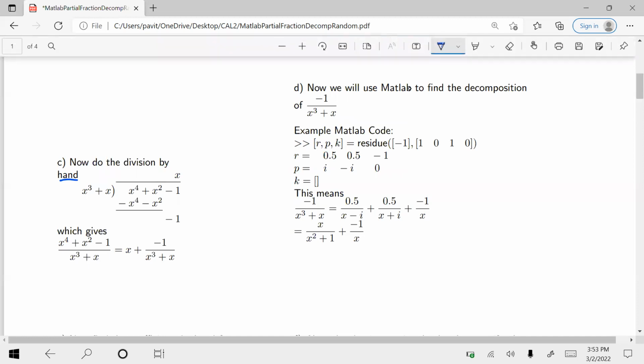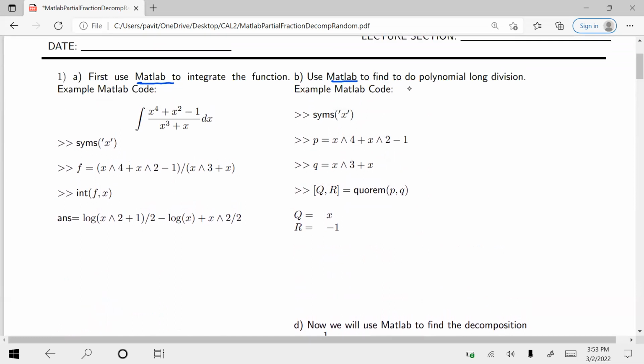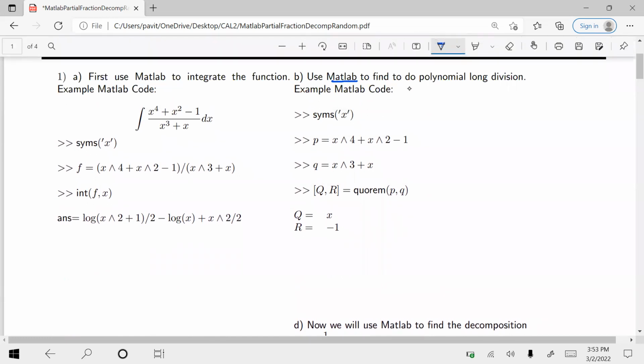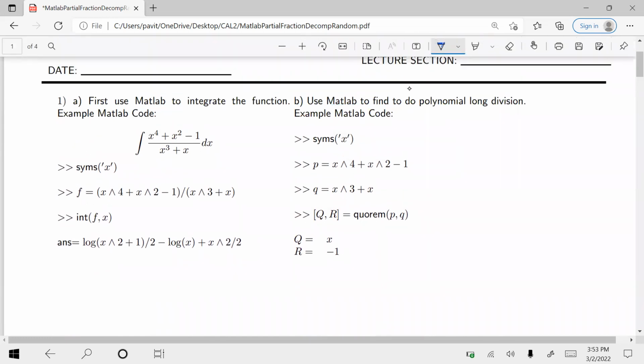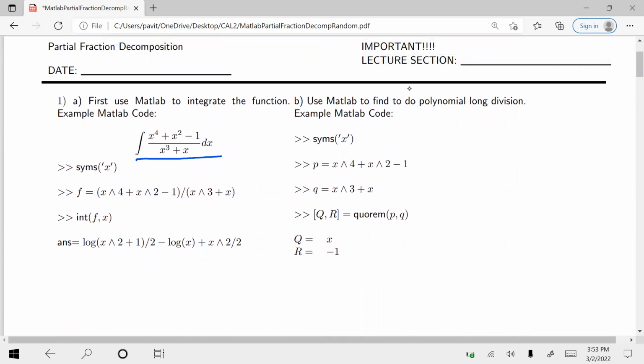Now, when do we have to use this method, partial fractions, and how? Let us see. This is the problem given, right? If you try to apply u substitution for this, let's say you take u as x cubed plus x.